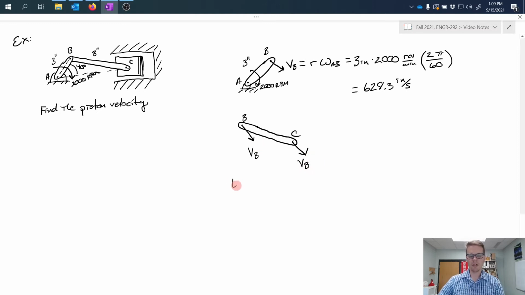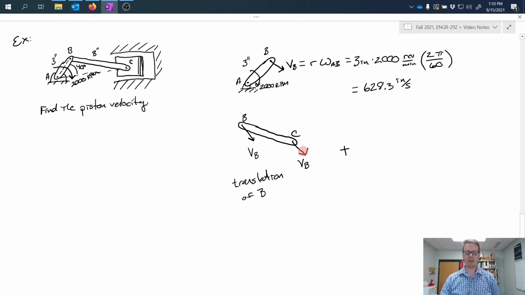So this is our translation of B. Now, of course, we can see that this shows point C moving down and to the right, which we know can't happen, because the piston is constrained only to move left and right.